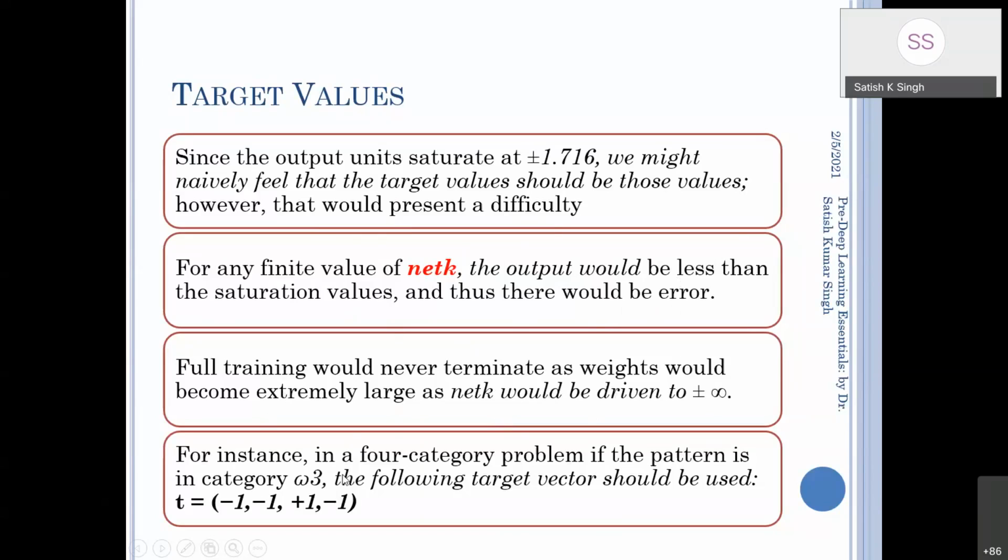For instance, in a 4-category problem, if the pattern is in category 3, the following target vector should be used: -1, -1, +1, -1. Rather than using continuous values, we can use somewhat discrete values for a particular pattern.